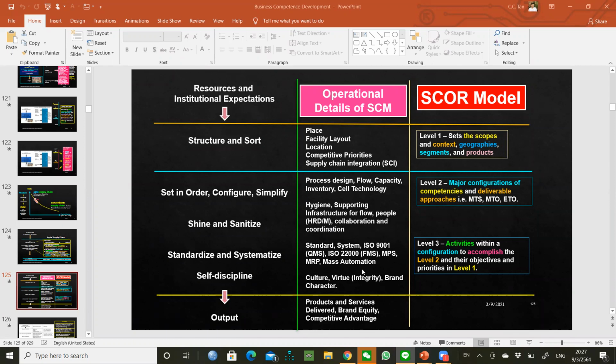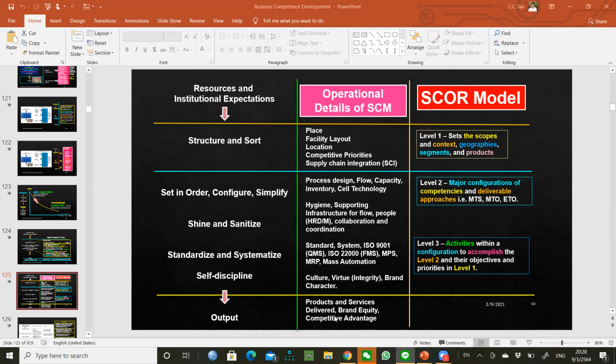And then standardization, such as ISO 9001 quality management system, 22000 in terms of food manufacturing systems, and master production scheduling, which would then give you the basis for material requirements planning, both for resources and in terms of human resources, plus your manpower scheduling and things like that.